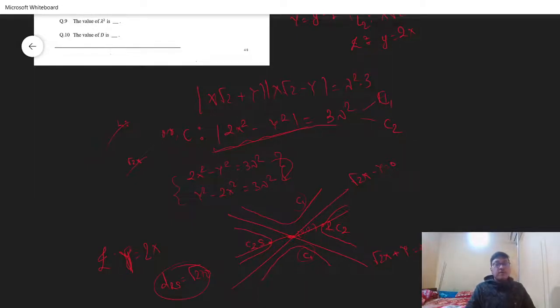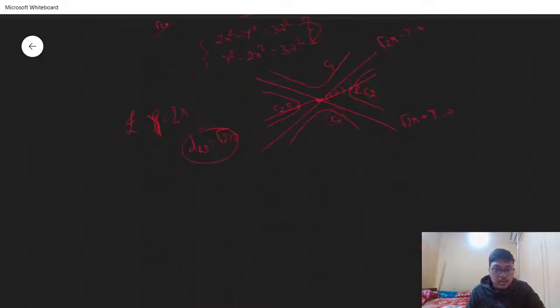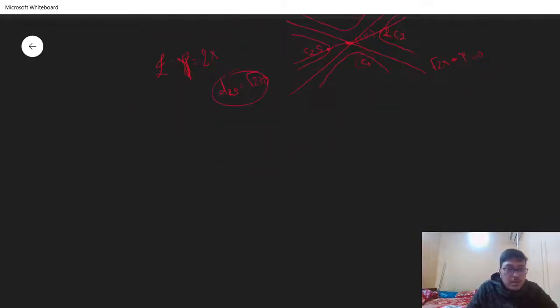From here we could find out lambda. Let's see. The distance between the points R and S is the square root of x1 minus x2 whole square plus y1 minus y2 whole square.